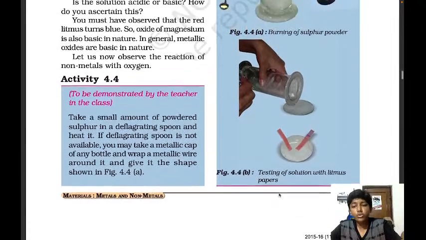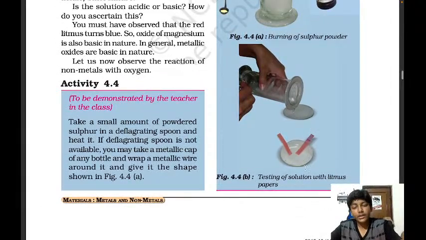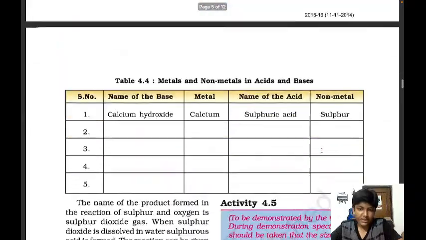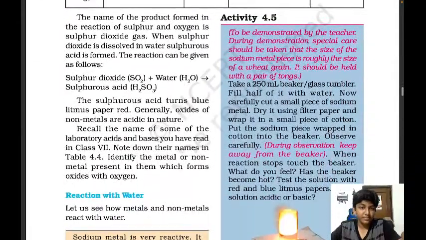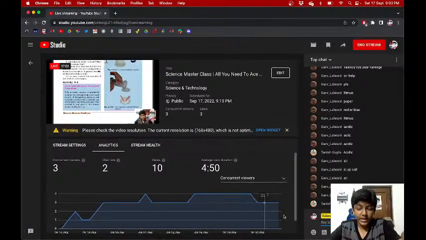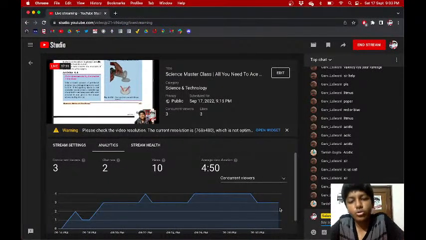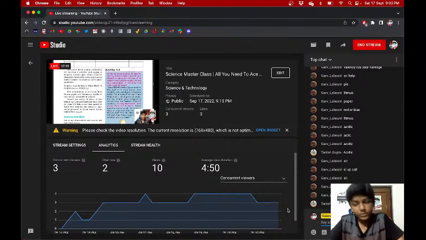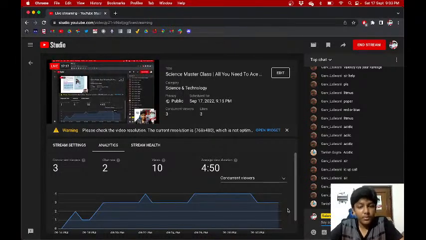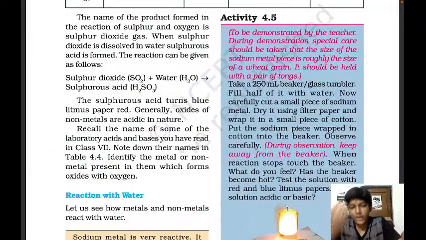All right, so we could see in the book that the solution is not turning red litmus paper blue. So that means it is acidic. Okay, I told the answer.